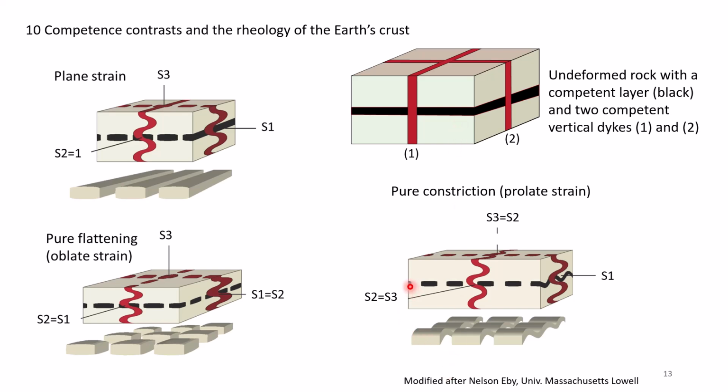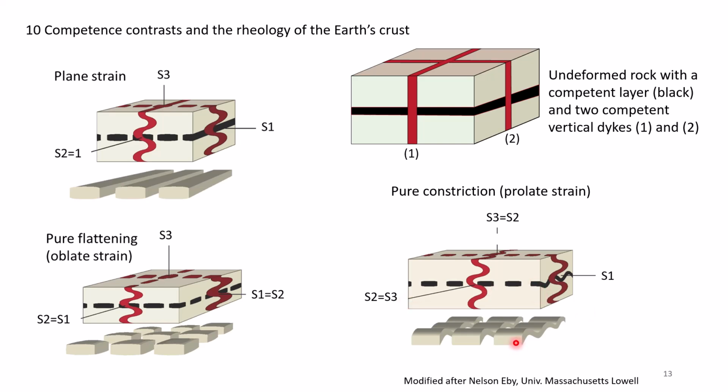What we see is boudinage of the competent layer parallel to S1, because that is the direction of stretching. We also see that these boudin rods undergo shortening in the direction of S2, because S2 and S3 are equally shortening in pure constriction.